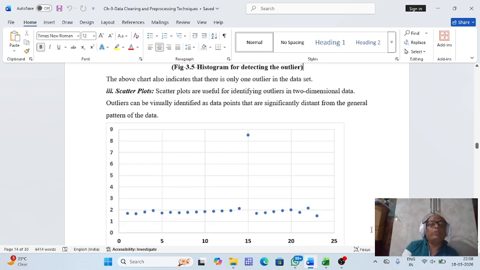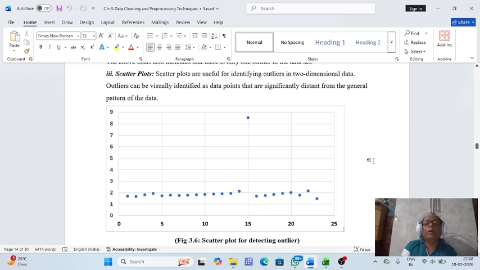Another plot is the scatter plot, through which you can find the outlier. Again, you can see that roll 15 is having 8.5 meter. This is a very huge difference from the other data. That's why it is not a contextual outlier, because it is not showing a trend. It is just a global outlier.